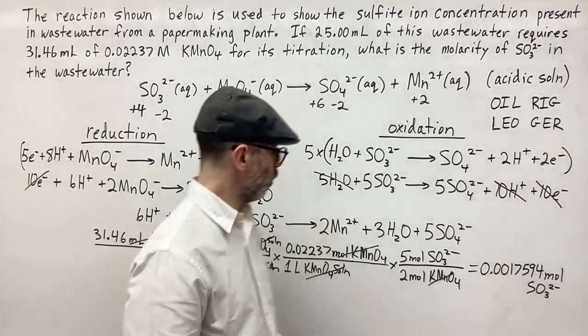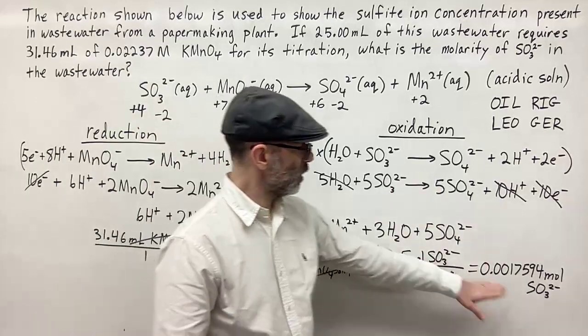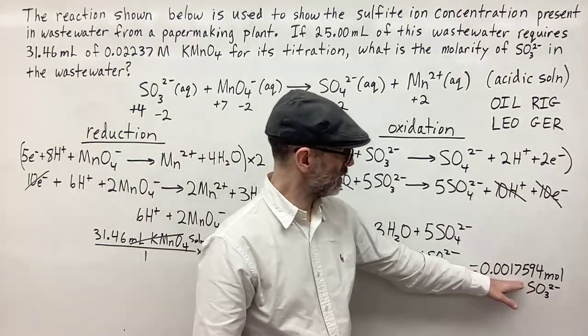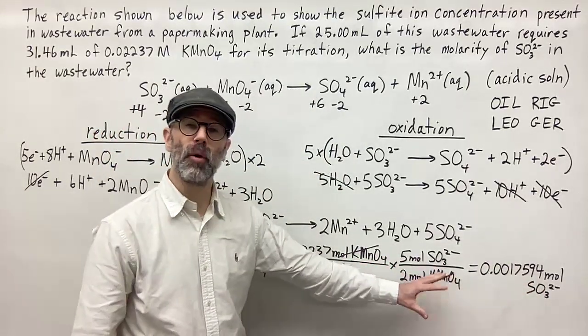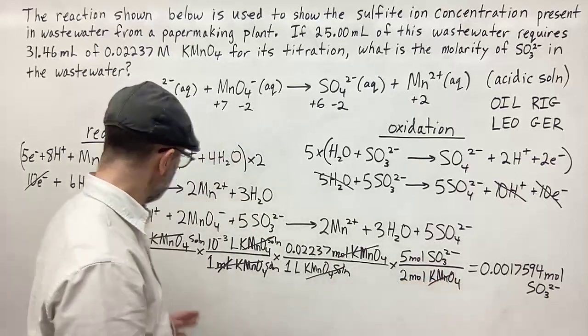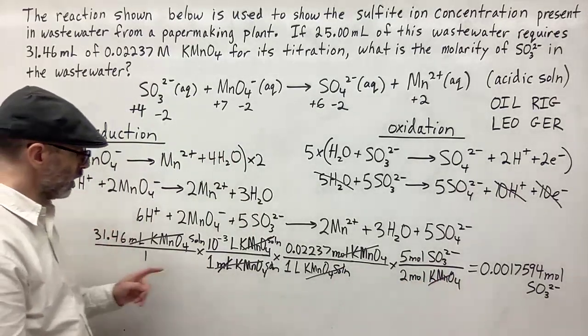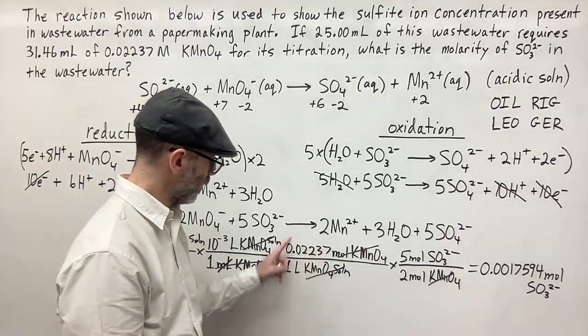So now that I have the moles, we have to double check our sig figs. So remember, the number of sig figs in your answer should be the same as the least number of sig figs in your measurements. This is the rule for multiplying and dividing. So what's the least number of sig figs? So we have 4 here. This is exact, so we can ignore that. This is 4 here.